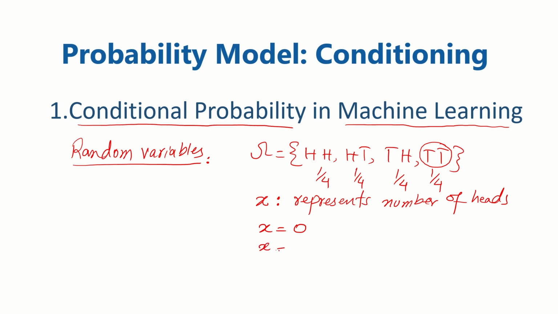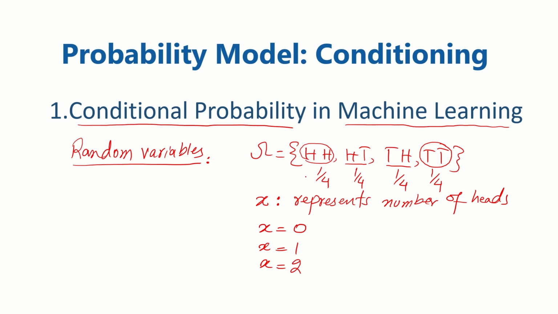X can take value 1. Well, in that case, if the number of heads is 1, then we are talking about an event that contains this particular outcome and that outcome. So an event containing these two outcomes. Or x can take value 2, which means we are referring to an event that contains only this outcome.